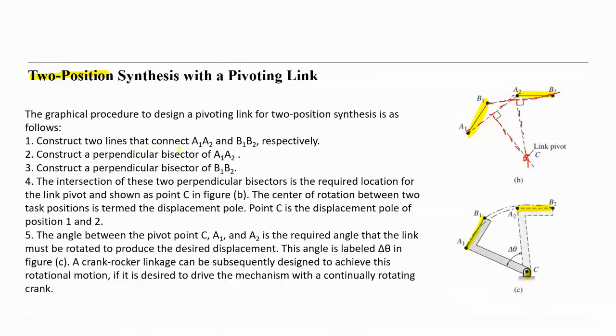Construct two lines that connect A1 and A2, and B1 and B2 respectively, construct a perpendicular bisector of A1 A2, and a perpendicular bisector of B1 B2, and the intersection is the pivot point. So no need to read it. You have already seen it. It is a very easy, very simple design.